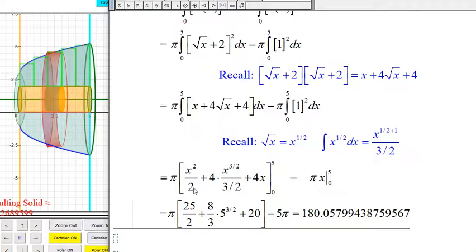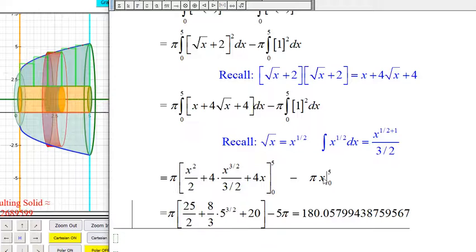So we put 5 here, we get 25/2. Then 4 divided by 3/2 is the same as 4 times 2/3, which is 8/3. And if we put 5 here, we get 5 to the 3/2. If we put 5 here, we get 20. And if we plug in 0, we get 0, 0, 0.